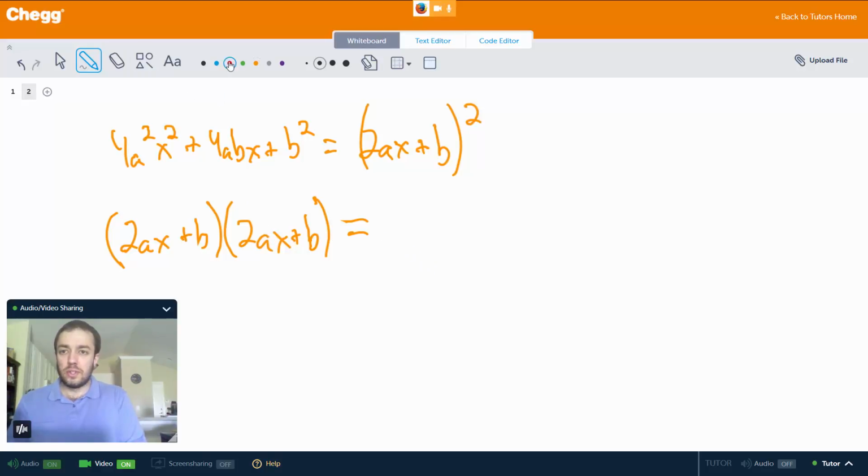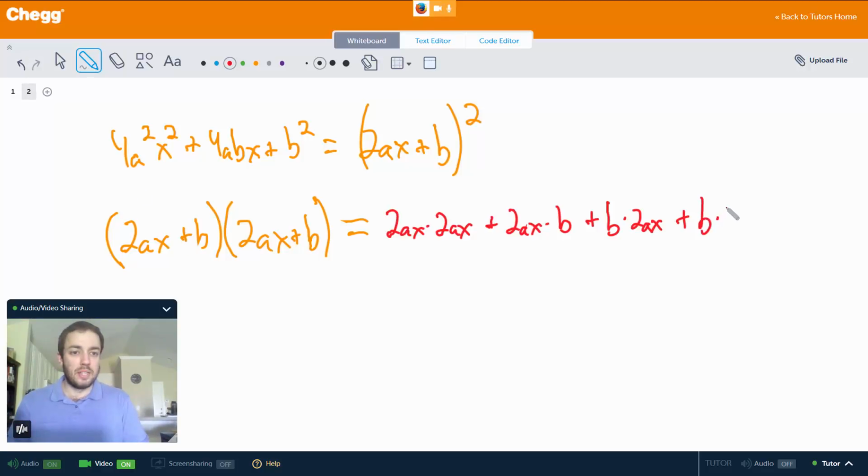First gives us 2ax times 2ax, then outer is 2ax times b, inner is b times 2ax, and last is b times b.